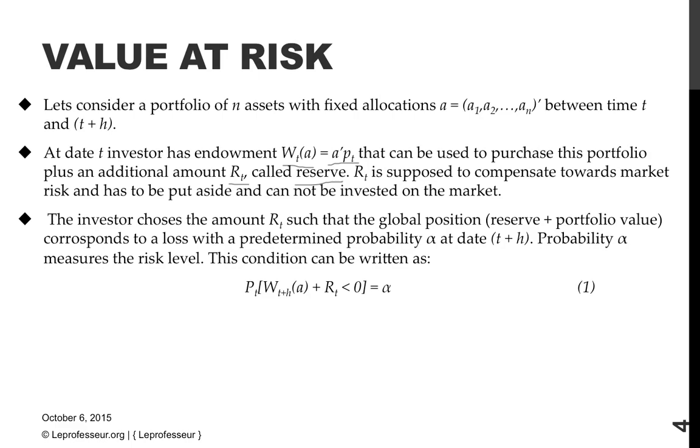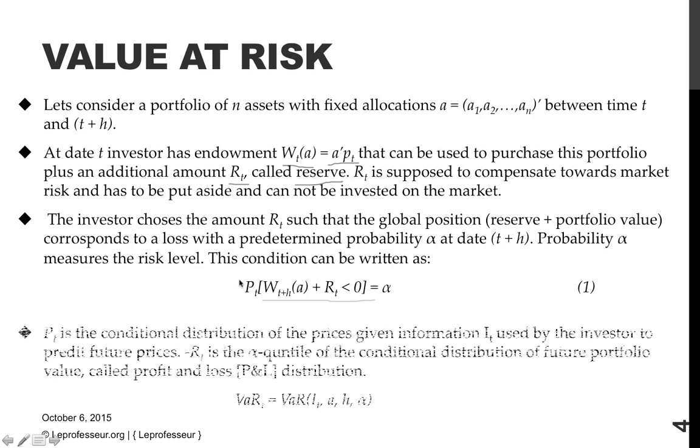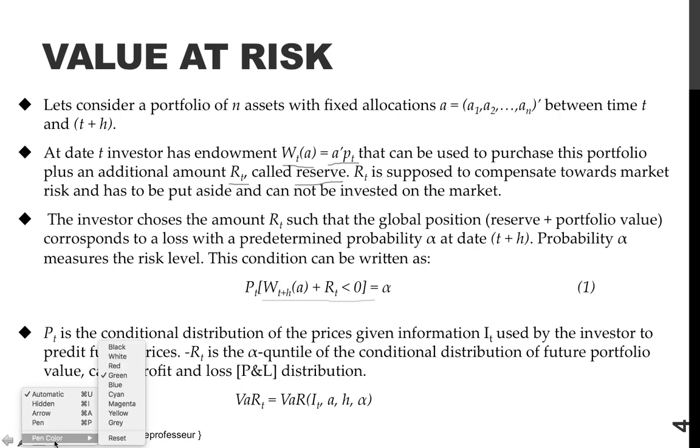Now the probability alpha measures the risk level, okay, and this condition we can write in a mathematical equation form, where P_t is simply the distribution function of the prices, given that we have information at time t, meaning present time, which as an investor we use to predict the future prices.